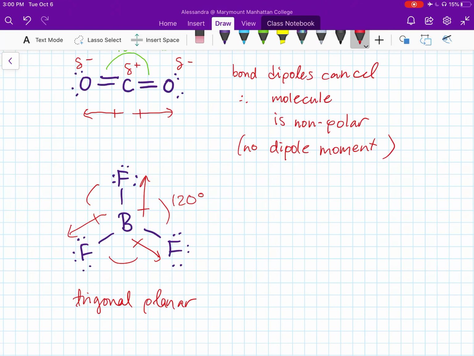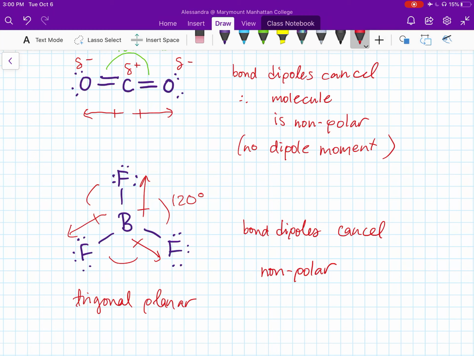If we did vector addition, those bond dipoles are equal in magnitude, and they're all pointing to the corners of a perfect triangle. So this is another situation where the bond dipoles are going to cancel. Okay, so this is a nonpolar molecule as well. Because it's a perfect trigonal planar structure, this molecule is going to be nonpolar.